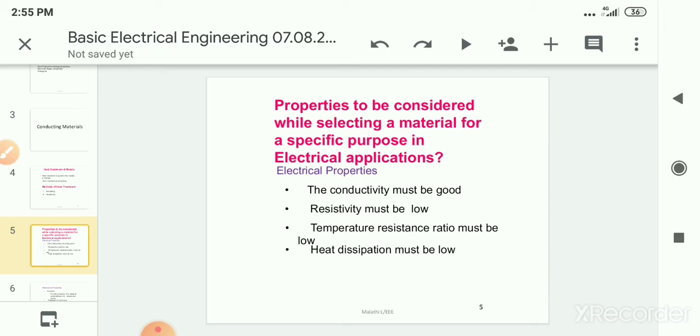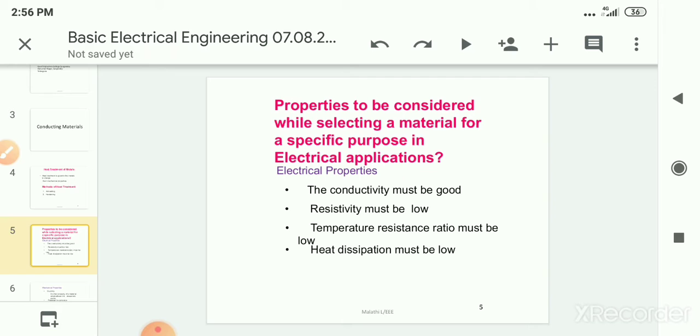Let's see what electrical properties are considered here. The electrical properties mostly considered for the conducting material are: the conducting material should possess very good conductivity. It must be high.